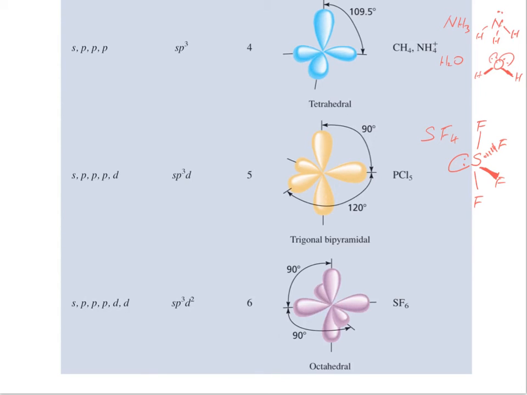Another case with a trigonal bipyramidal arrangement is chlorine trifluoride. In the Lewis structure, chlorine has two lone pairs and forms three single bonds with fluorine.